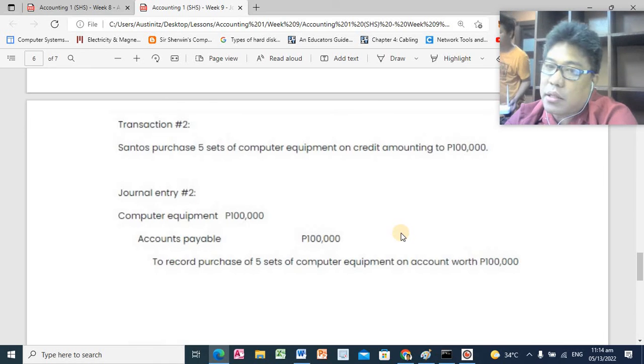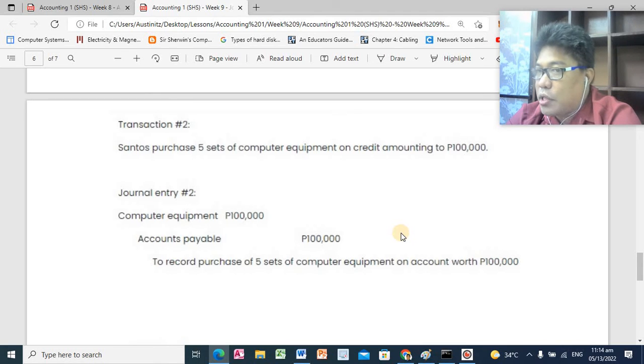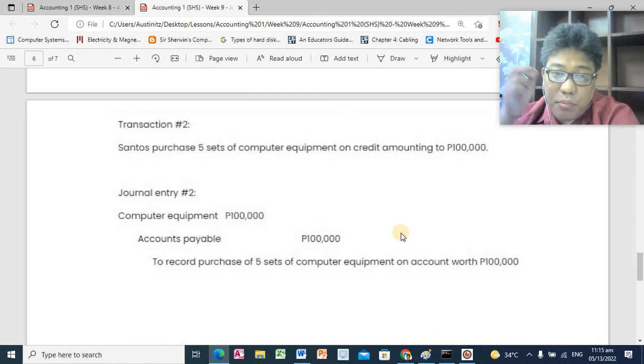Magkano po? 100,000 pesos. So, umutang si Santos, so nagkaroon siya ng computer equipment. So, sa journal entry number 2 natin, computer equipment, ito yung na-receive ng business, that is 100,000 pesos. Dahil hindi siya naglabas ng cash, utang po yun, accounts payable po ang nagkaroon.